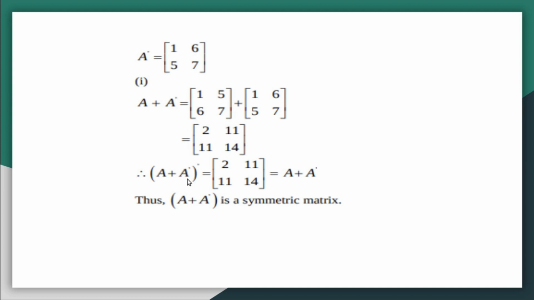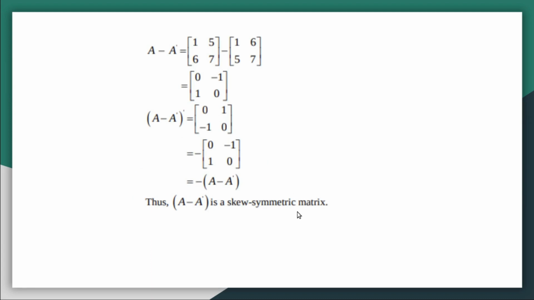So A plus A transpose whole transpose equals A plus A transpose. So A plus A transpose is a symmetric matrix. A matrix is said to be symmetric if A transpose equals A.